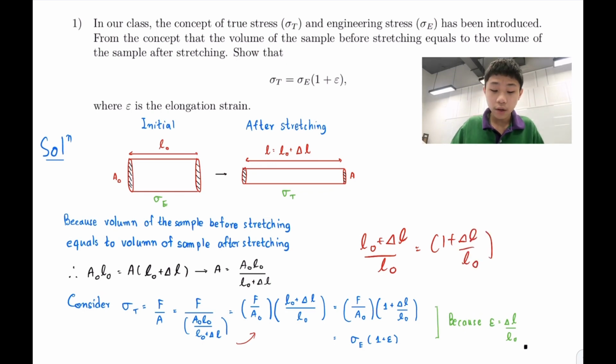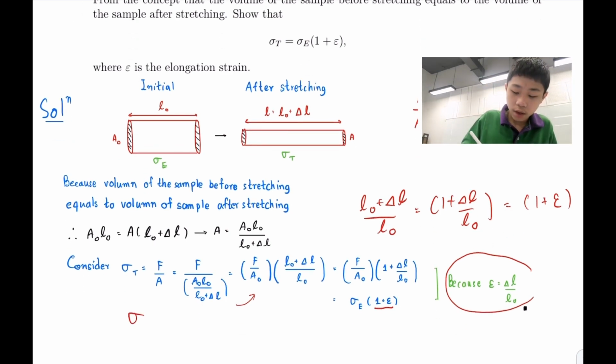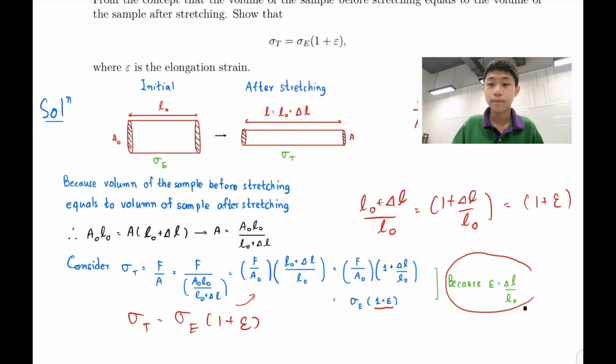But epsilon is equal to the elongation strain, so epsilon is equal to delta L divided by L0. So this one is equal to 1 plus epsilon. Moreover, F divided by A0 is the engineering stress. So we can conclude that true stress is equal to engineering stress times 1 plus epsilon, as desired.